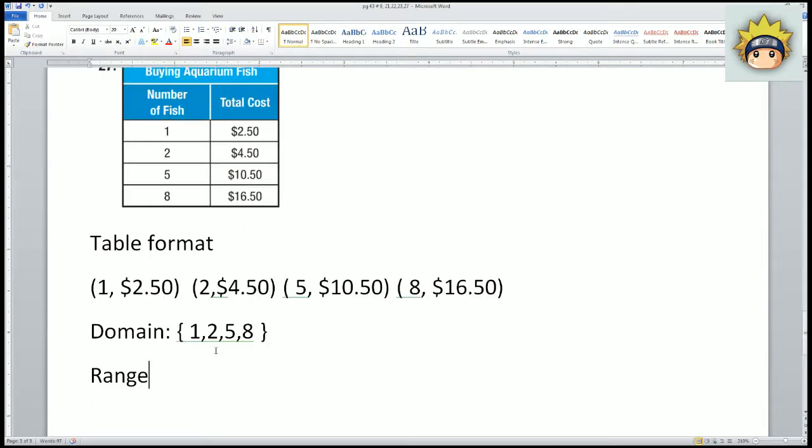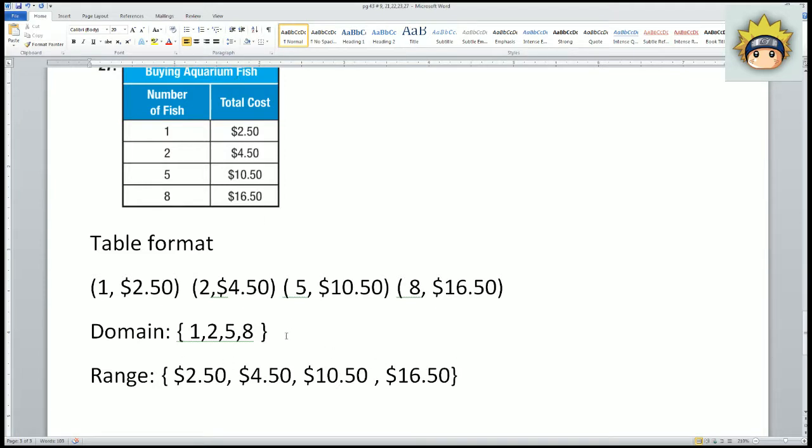Let's look at the y values. The first y value is $2.50. The next one is $4.50. The third one is $10.50. And the last one is $16.50. So this represents the range, my y values.